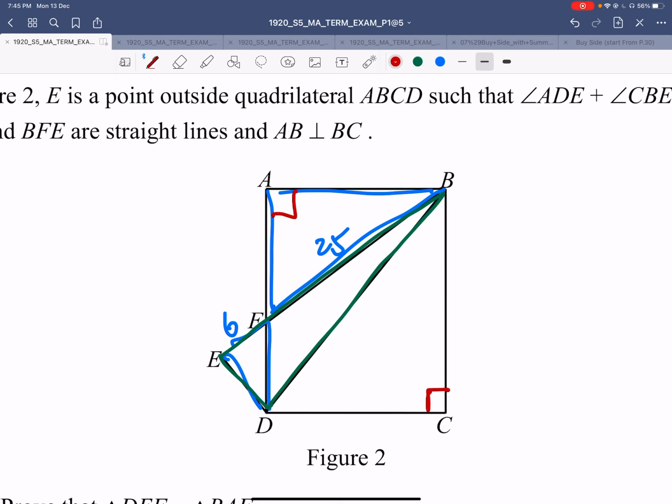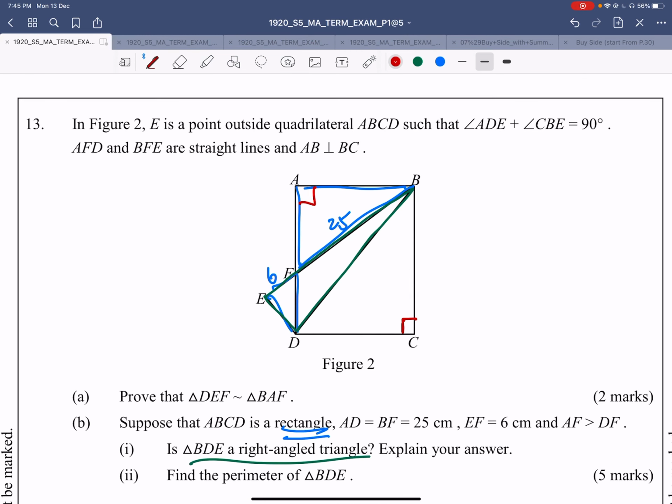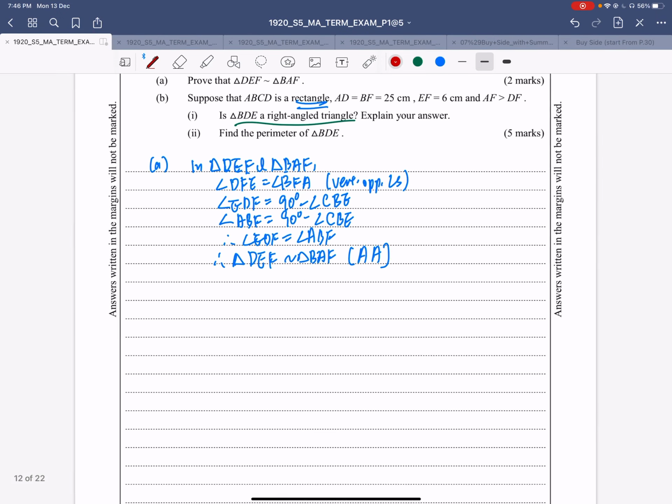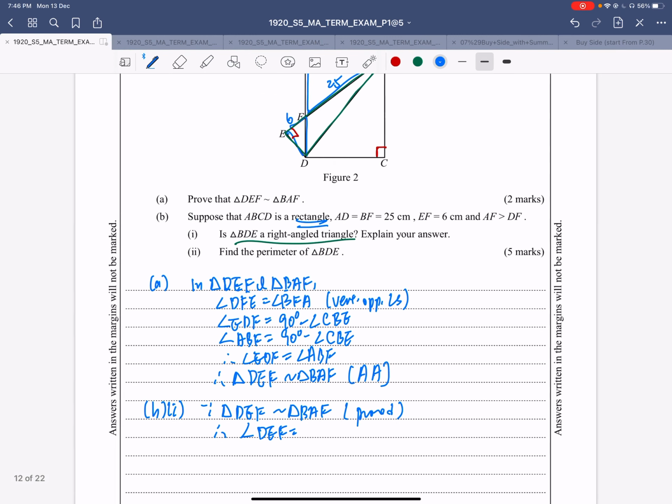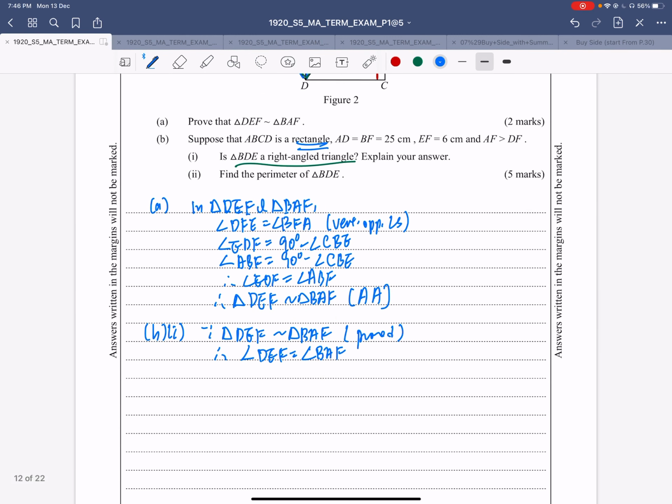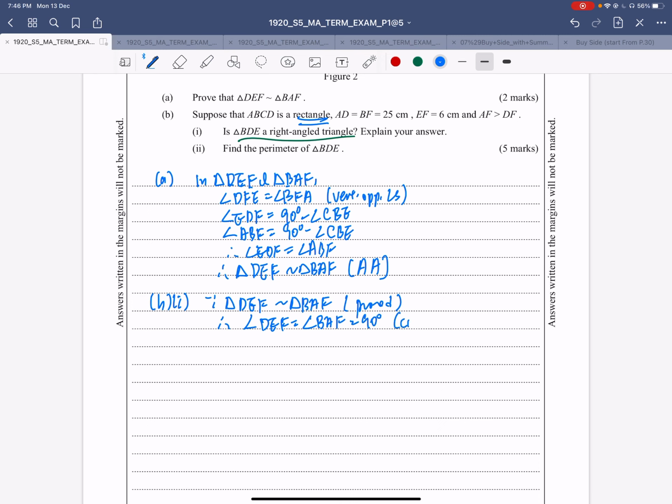And due to the similar triangles property, triangle DEF is similar to triangle BAF as proved in part A. So angle DEF is equal to angle BAF, equal to 90 degrees, corresponding angles, similar triangles.